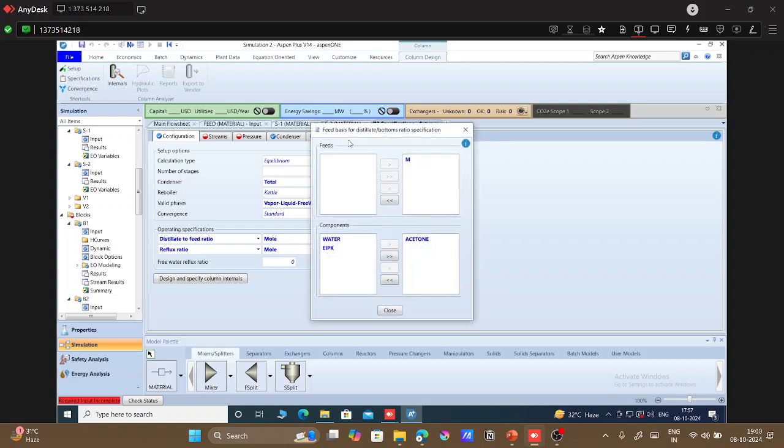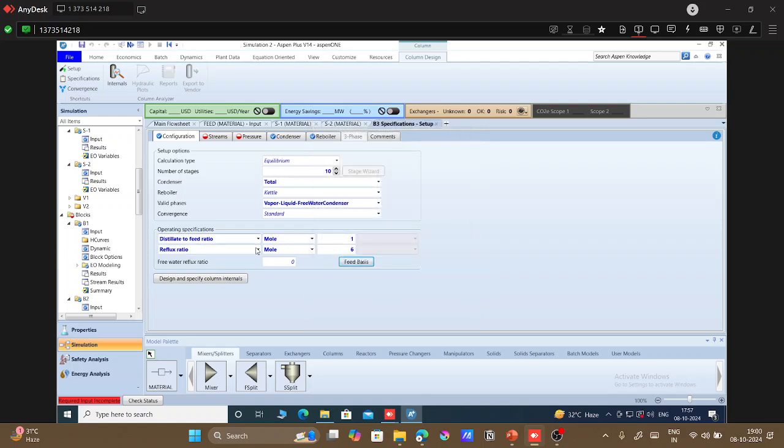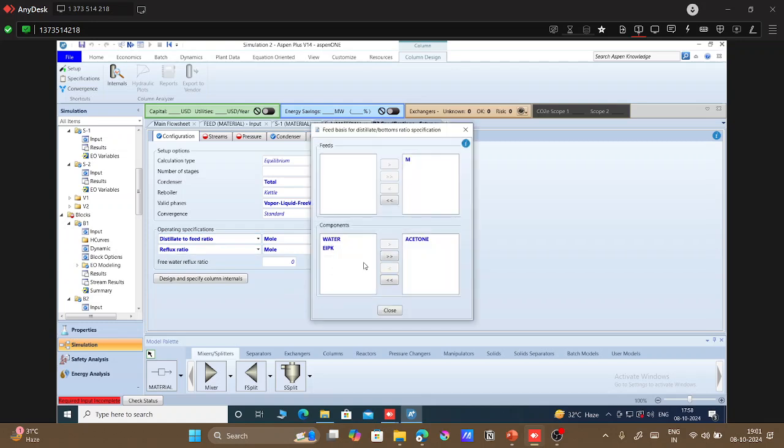It has been mentioned that it is the feed basis for the distillate to bottom ratio specification. Till now we haven't bothered about the basis that we provide for distillate to feed ratio or reflux ratio. Is it related to the overall distillate to feed flow rate, or to a specific component? But when we have provided the basis, it is mentioned that it is the feed basis for the distillate to bottom ratio specification.